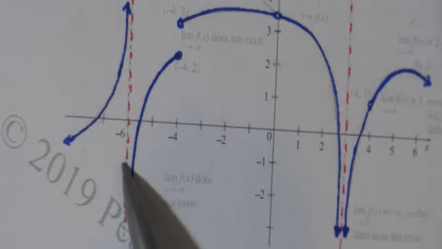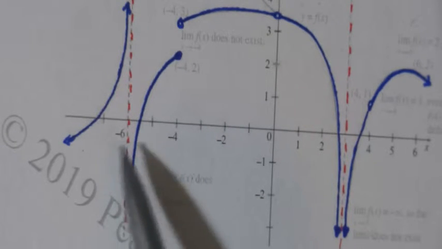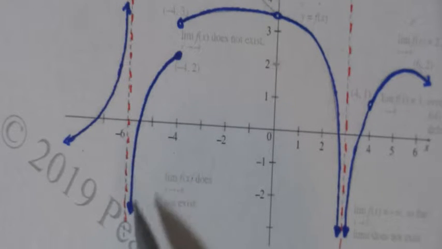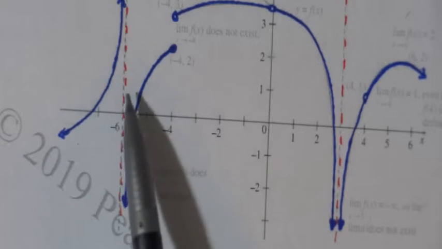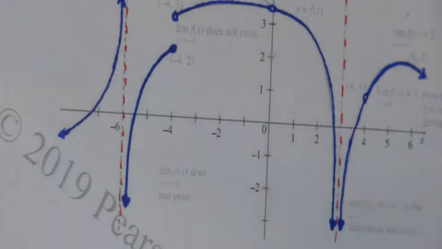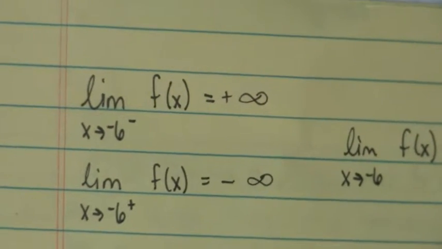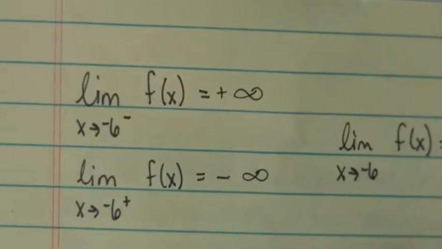And you can never cross a vertical asymptote because it's telling you that the x value causes the function to be undefined. But we have a left side of that vertical asymptote and a right side. So when we talk about limits, are we referring to the left-hand side, the right side, or the two-sided limit? So the three notations here.